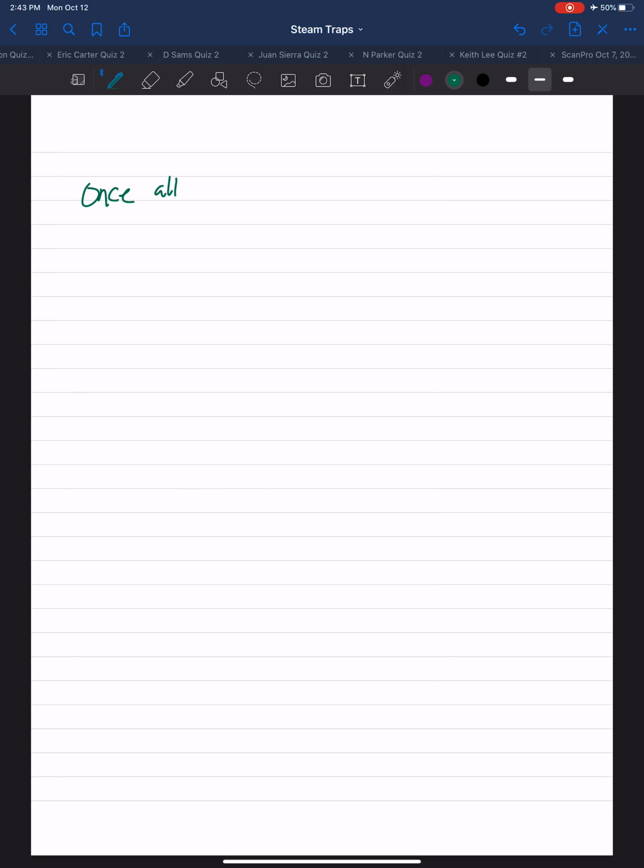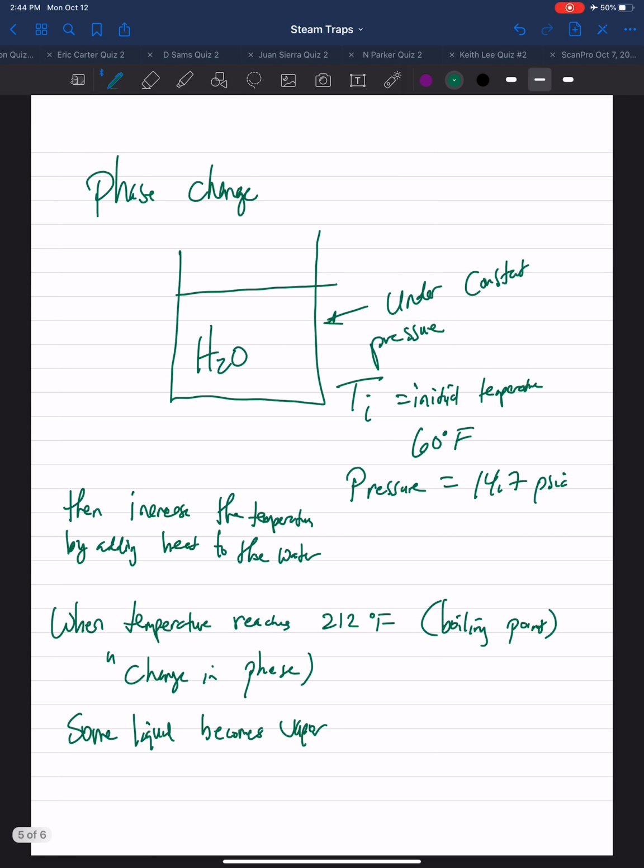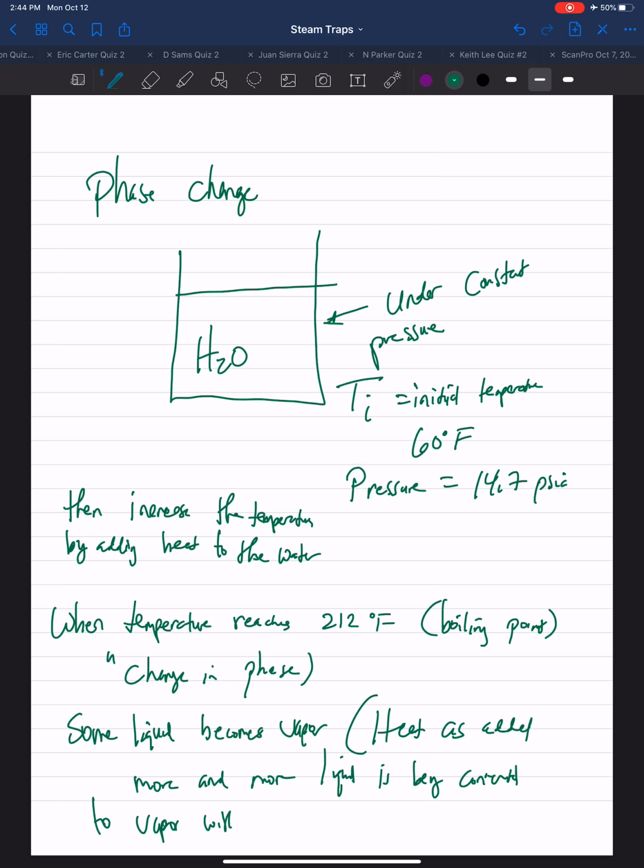As heat is added, more and more liquid is being converted to vapor without an increase in temperature.